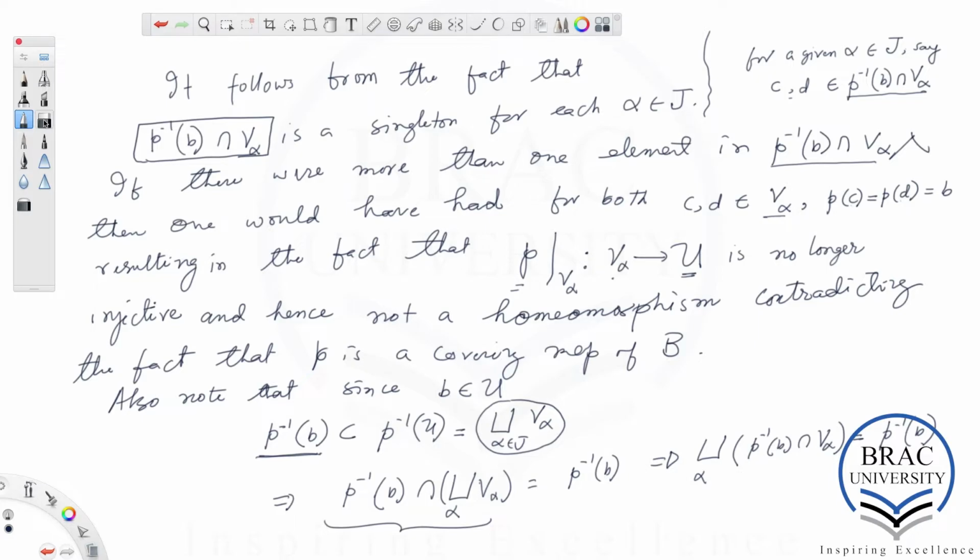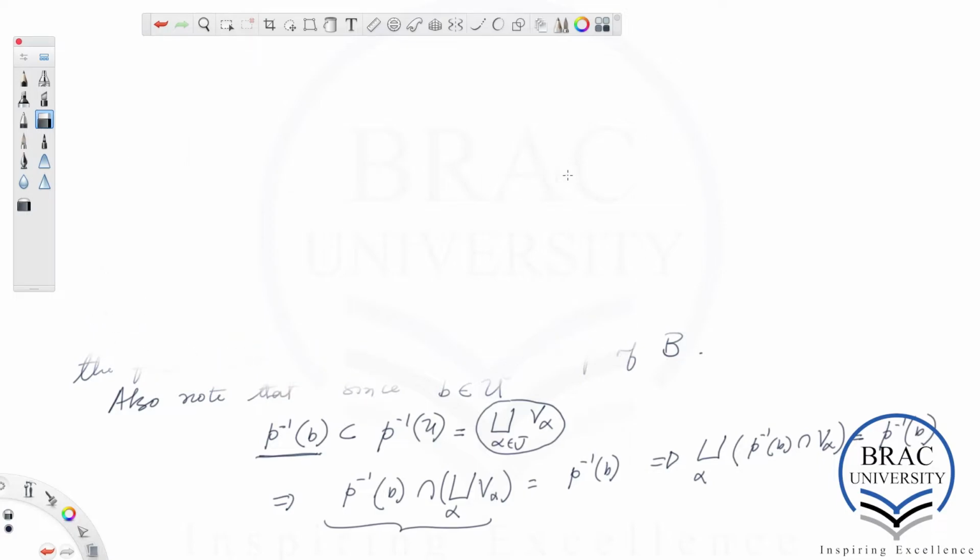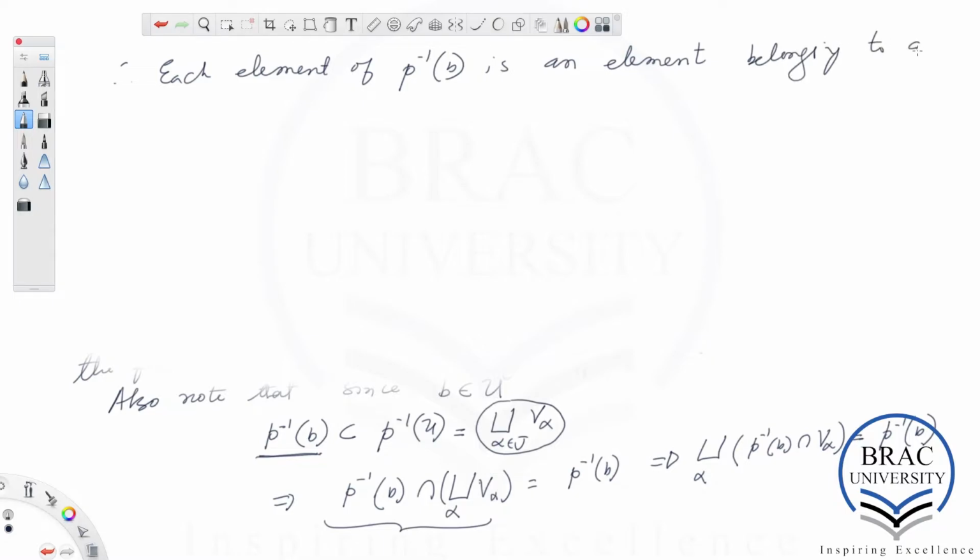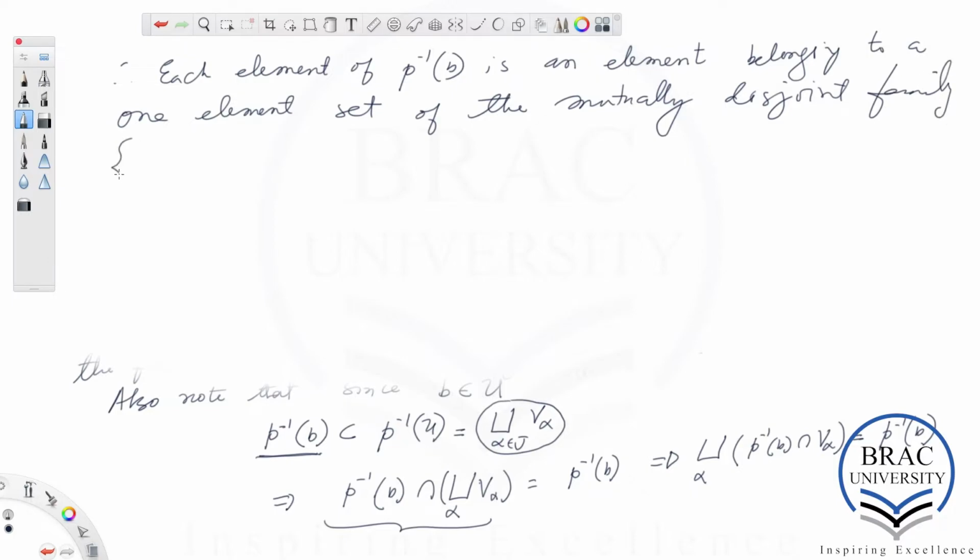Therefore, we conclude that each element of P inverse b belongs to a one element set of the mutually disjoint family P inverse b intersected with V alpha, alpha running in the index family J.